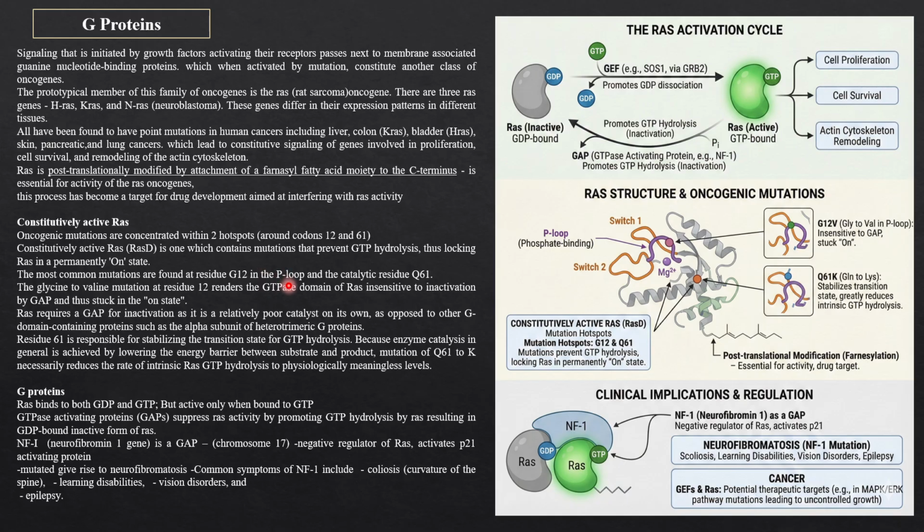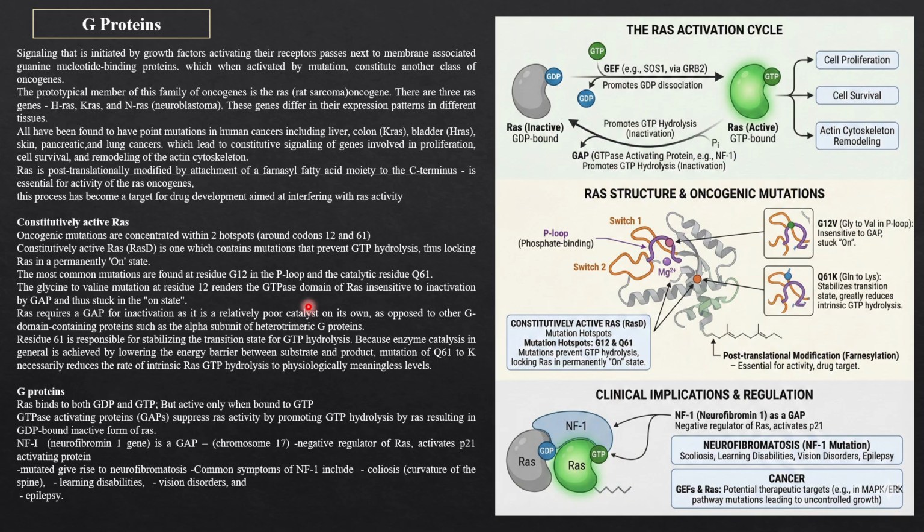The most common mutations are found in residue G12 in the P loop and the catalytic residue Q61, and the glycine to valine mutation at residue 12 renders the GTPase domain of RAS insensitive to inactivation by GAP and thus stuck in the on state. Like several other G proteins, RAS binds to both GDP and GTP, but is active only when bound to GTP.